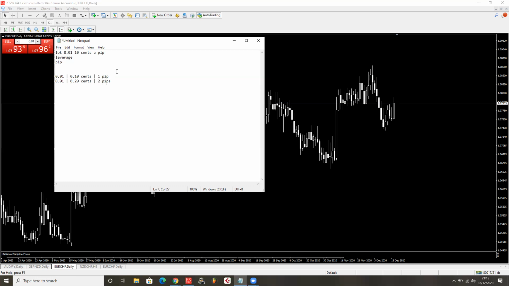Should I put the pip inside before the cents? No, it's fine. Now 0.01 again means, how many pips have I moved now? 3 pips. Beautiful. You're getting it. You're actually good at this. You understand? Now I'm going to change things up a little bit.